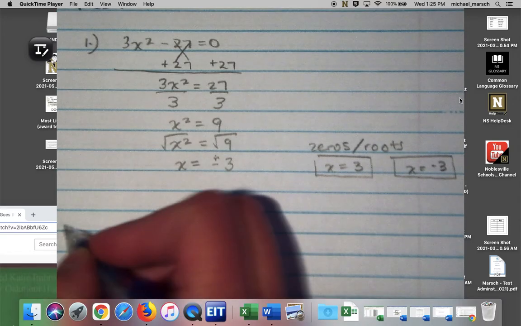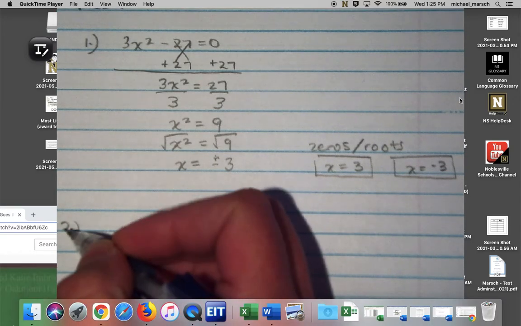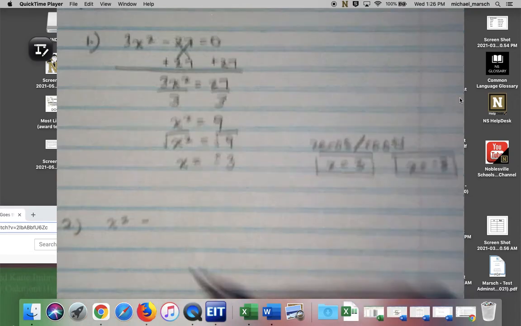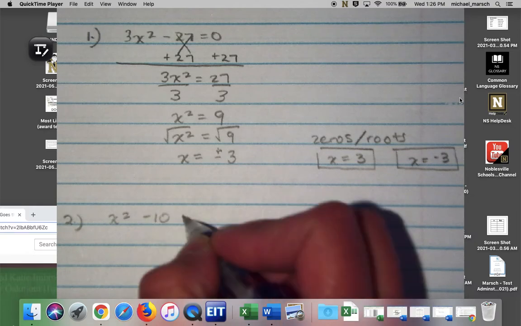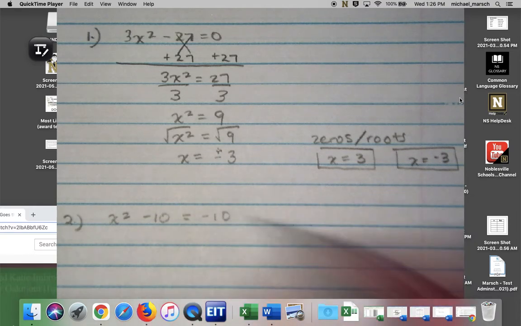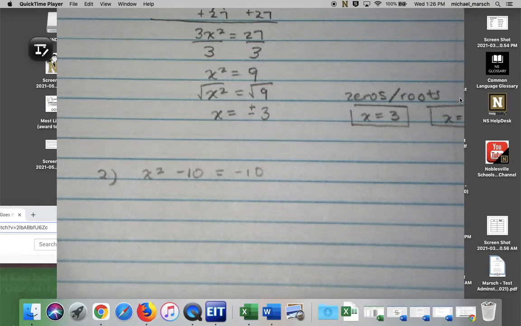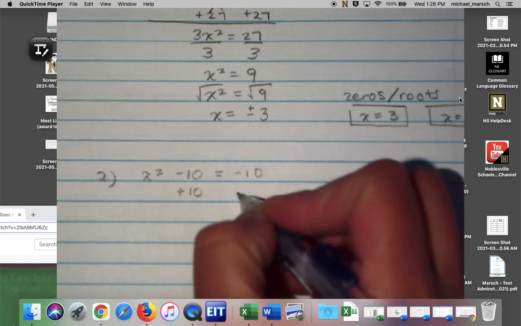All right, example 2. x squared minus 10 equals negative 10. Okay, so I'm going to add 10 to both sides to get x squared by itself.